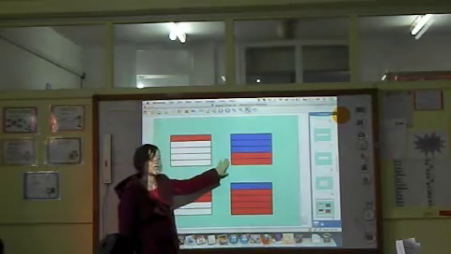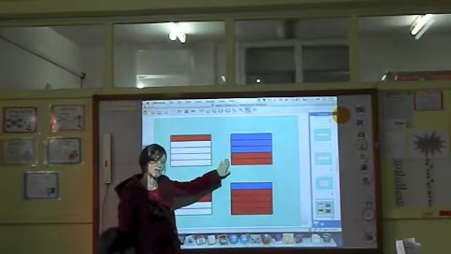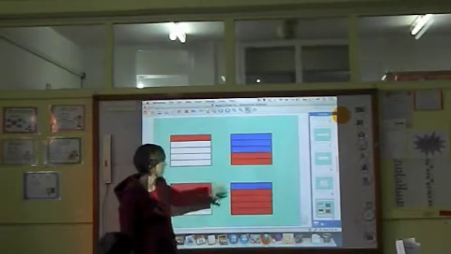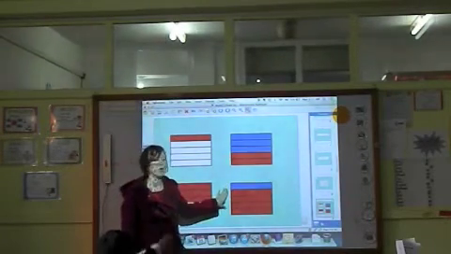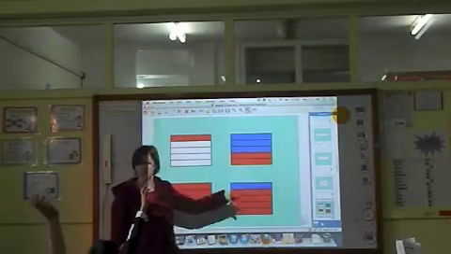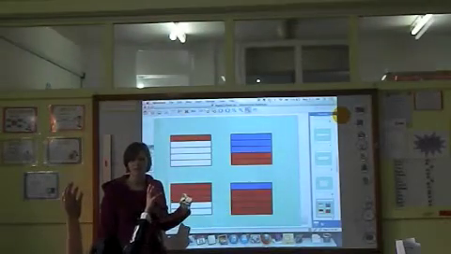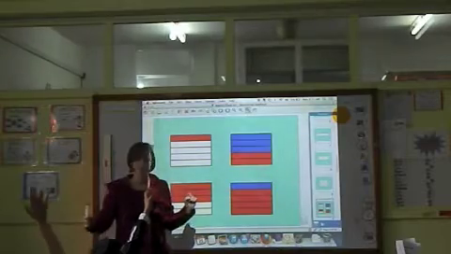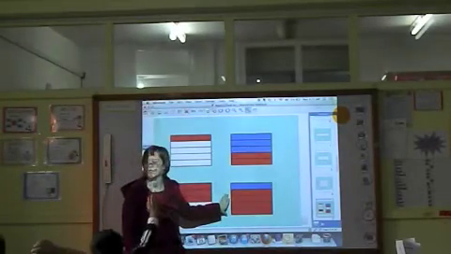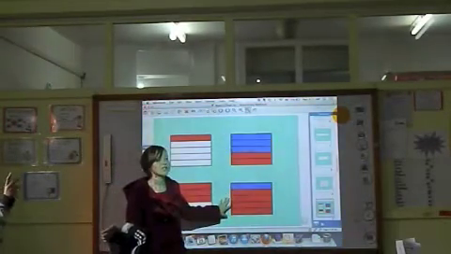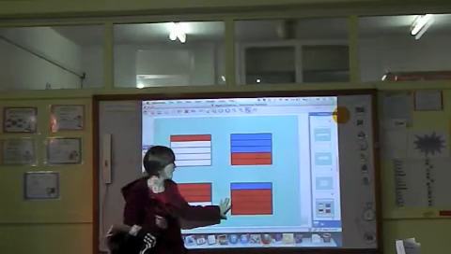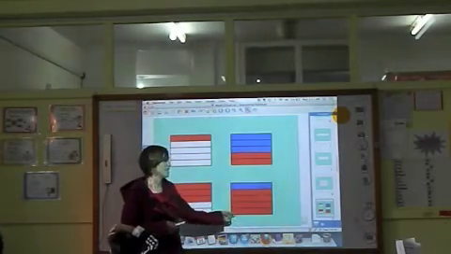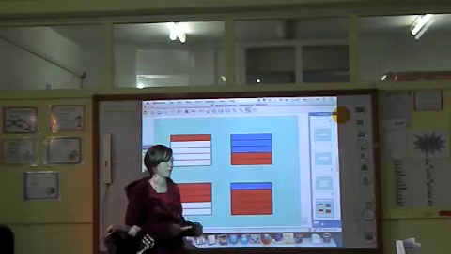Anjali, what portion is shaded red? 2/5. Very good. Okay, let's look at this bottom one. What portion of this one is shaded blue? Ajit? 1/5. Okay, here's a different way of asking the question. Parag, what portion of this one is not shaded blue?